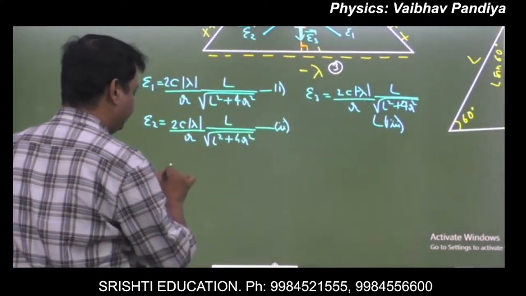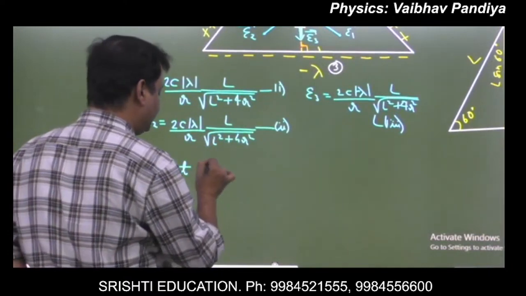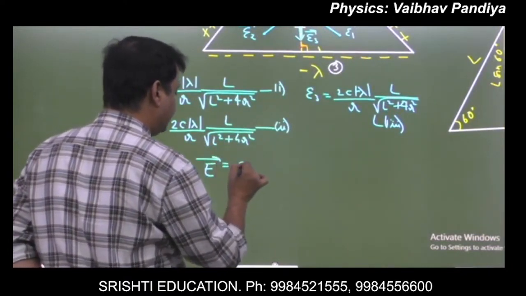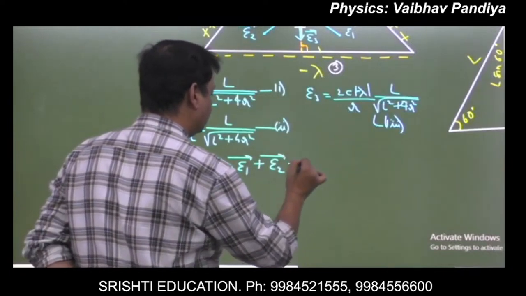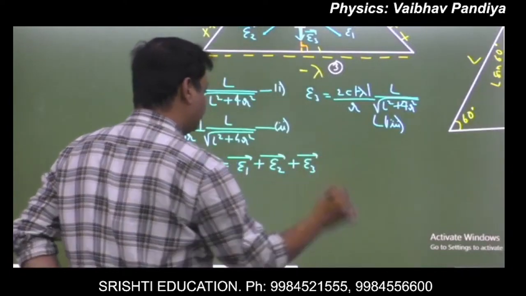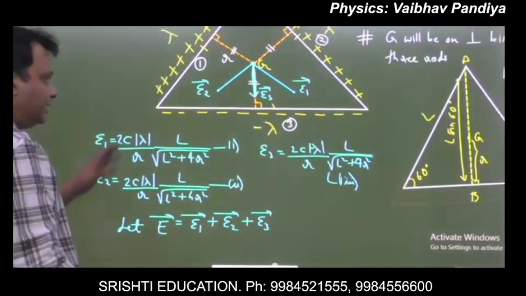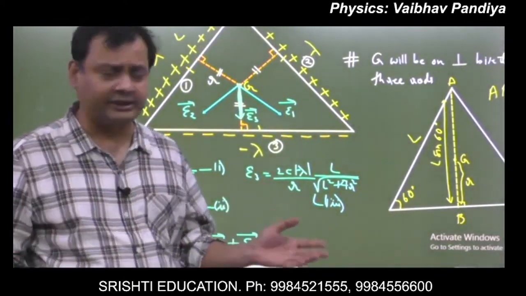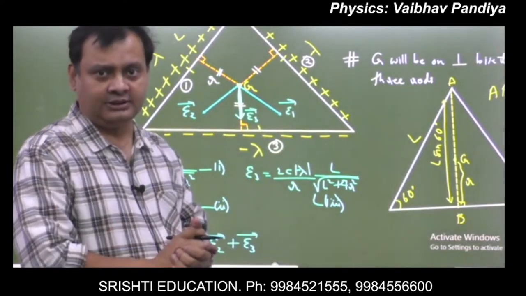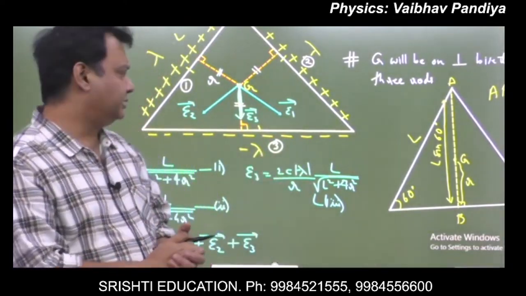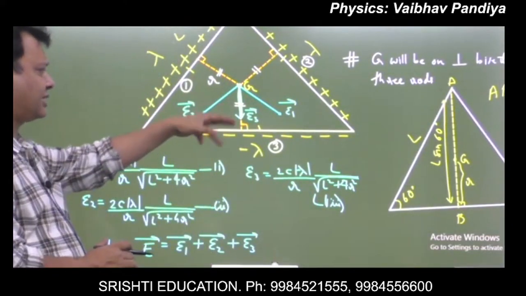So let vector E be vector E1 plus vector E2 plus vector E3. Now for adding the three vectors, you can use the component method. You can take the y-axis, x-axis, take the components and add. This is one method. But there is one more better method, the parallelogram law.